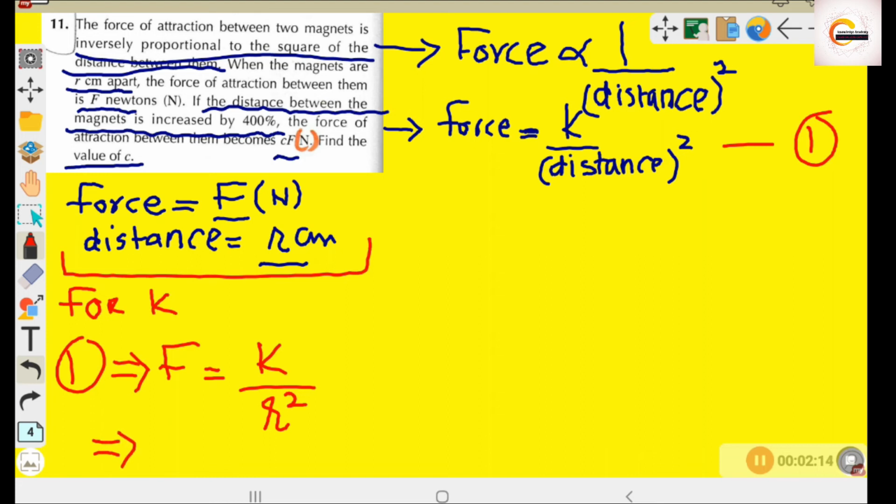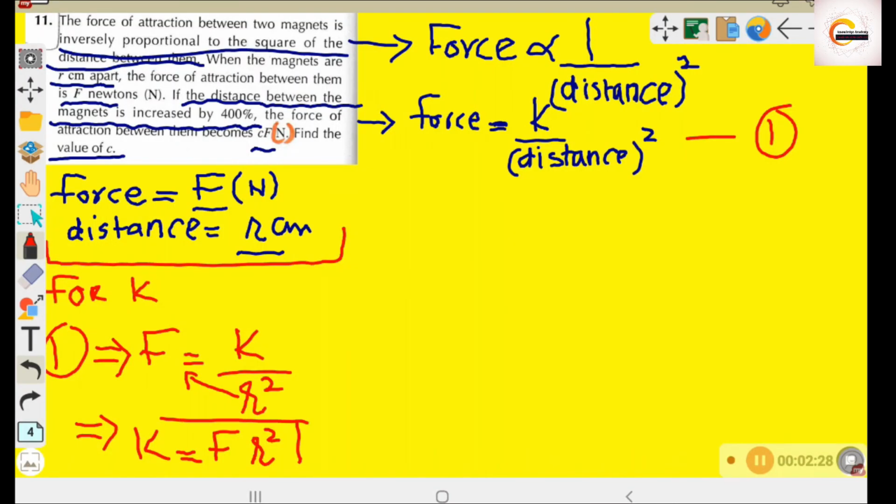For K, it's going to be F into R square, just cross multiplication. K is equals to F into R square.